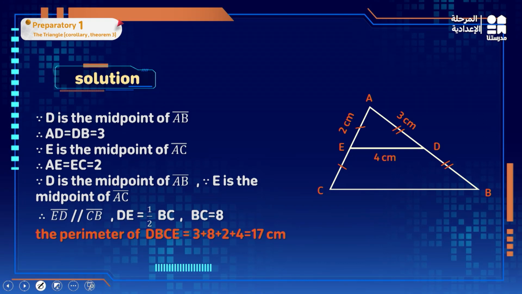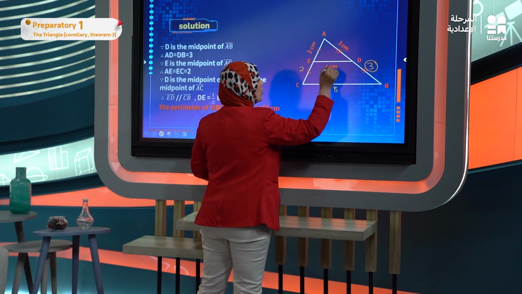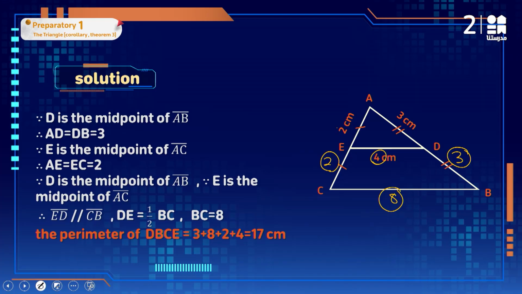And we are going to add the four sides, as we said: 3, 2, 8 and 4. So it is 3 plus 8 plus 2 plus 4 equals 17.